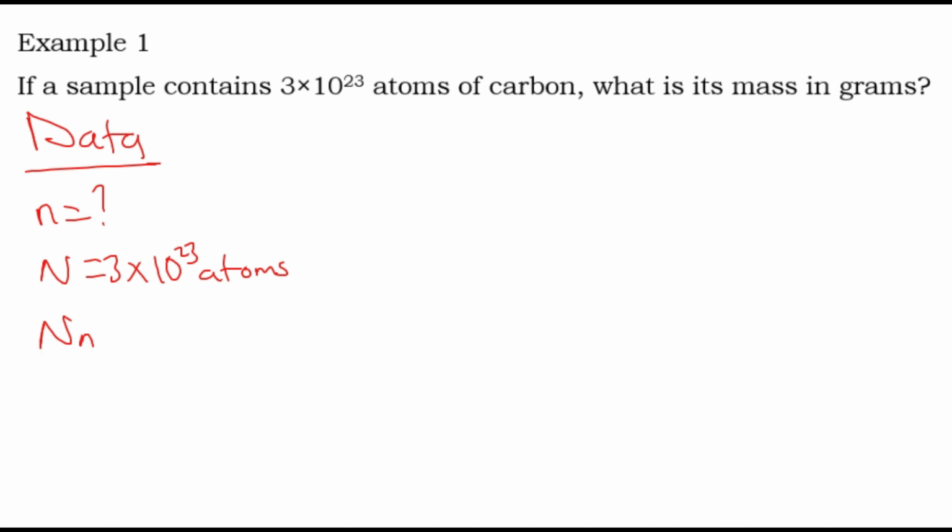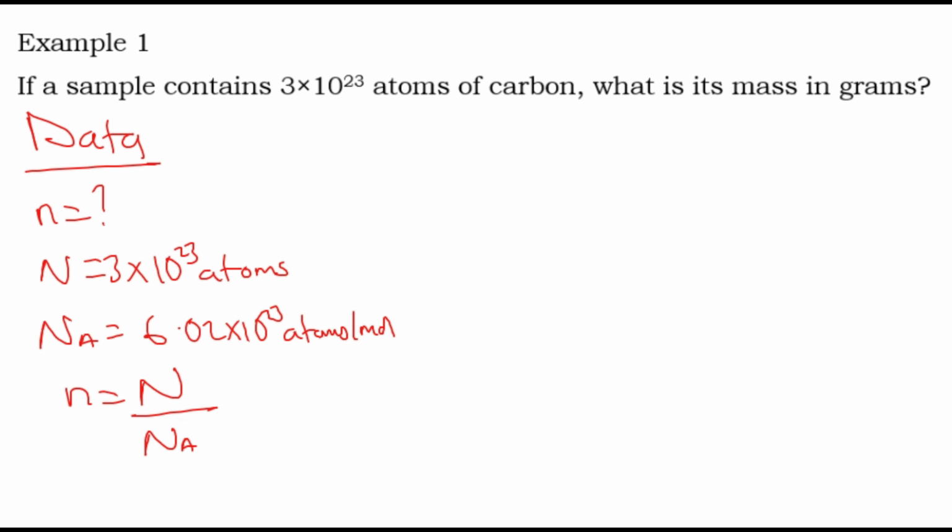The Avogadro's number. Since we're using atoms, it will be 6.02 × 10^23 atoms per mole. All right, so number of moles is equal to number of particles divided by the Avogadro's number.